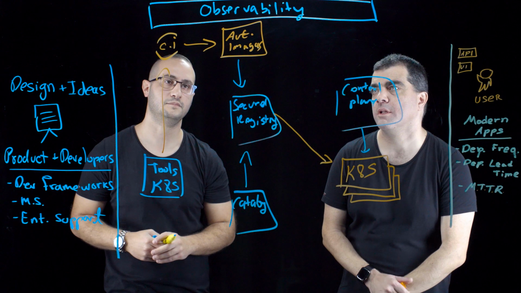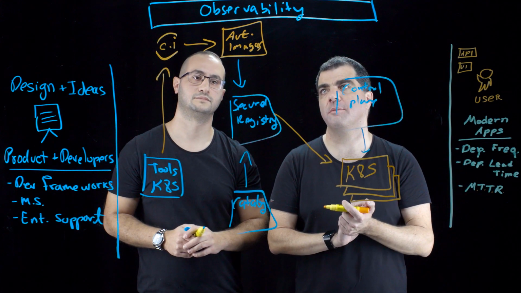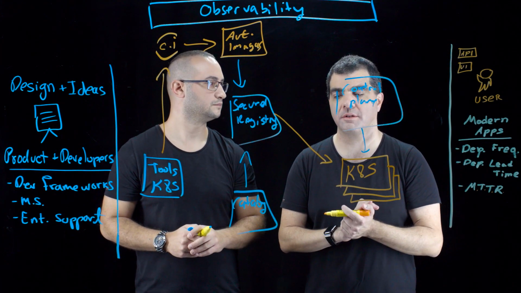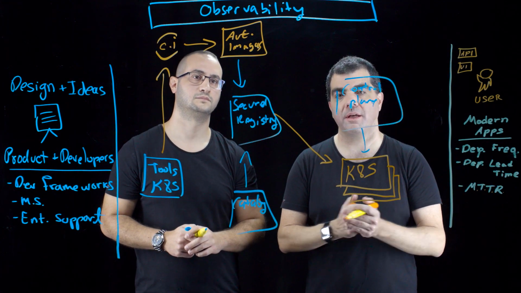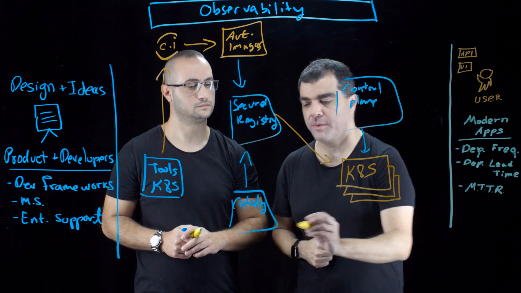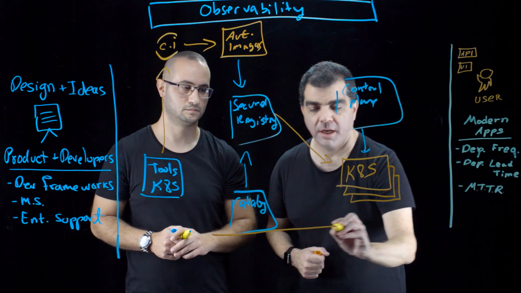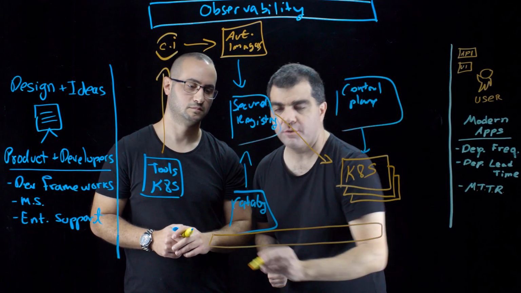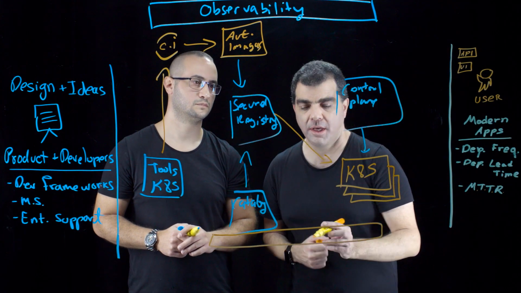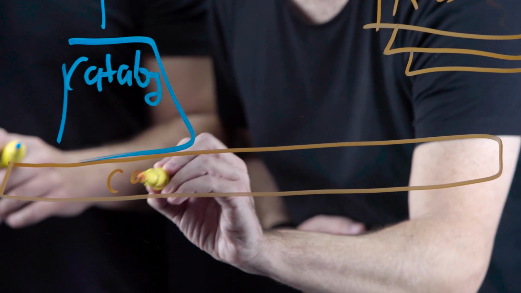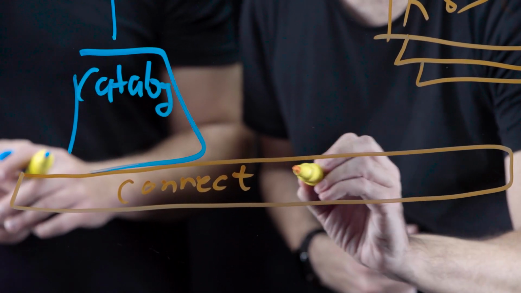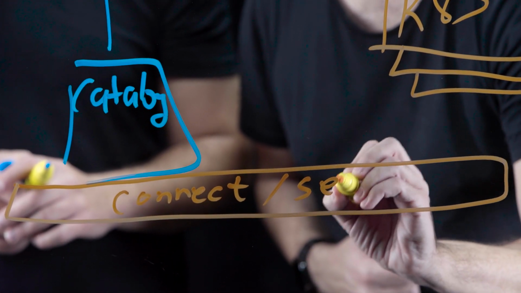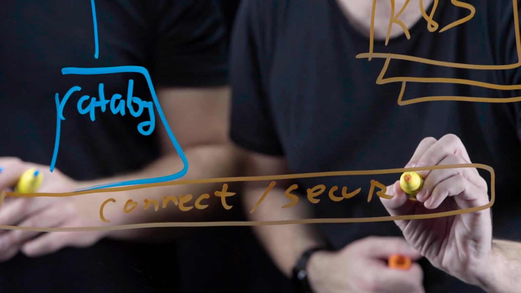That's correct, Kobi. So observability is definitely important when you talk about multiple clusters. Another thing that's very important is how do I connect multiple clusters to talk to each other in a secured manner? And for that, I want to have a service mesh type solution that will allow me to connect these applications, that can be consistent and that can be secured without any risks of exposing my data to unknown third parties.